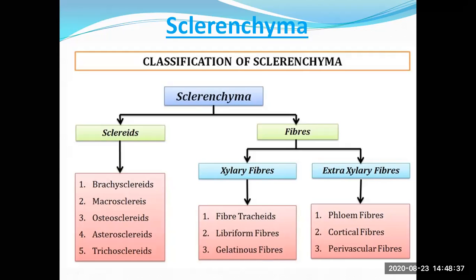Based on these, sclerenchyma is grouped into two categories. One is sclerites, second one is fibers. Okay, so now we will see the sclerites.